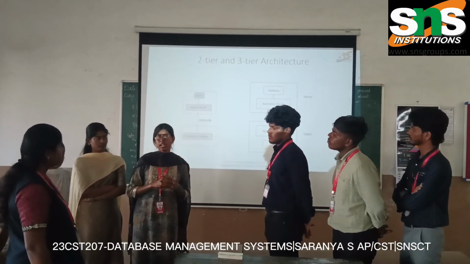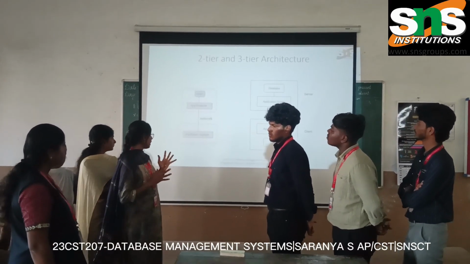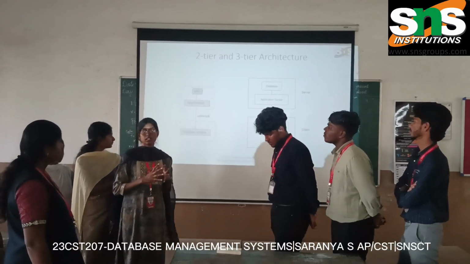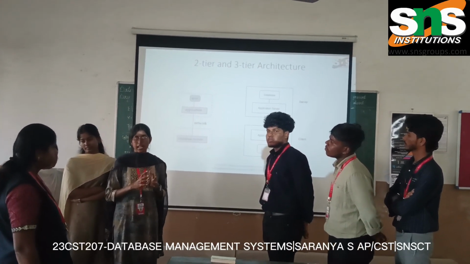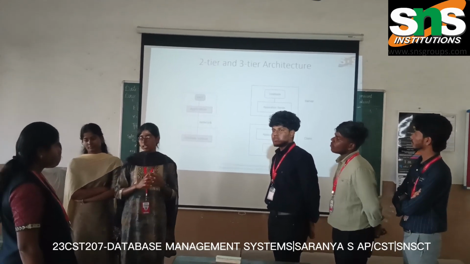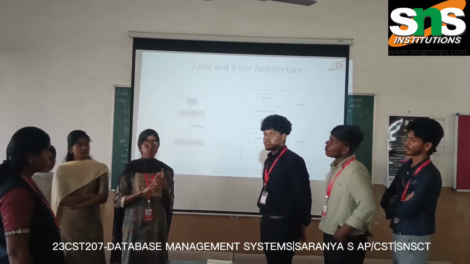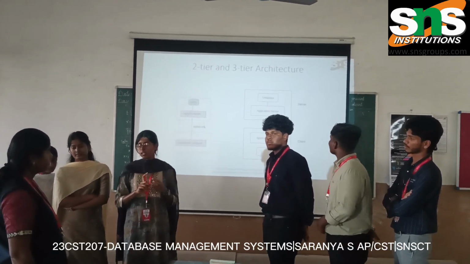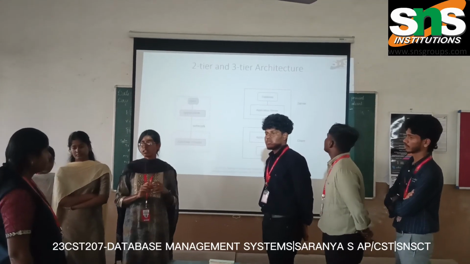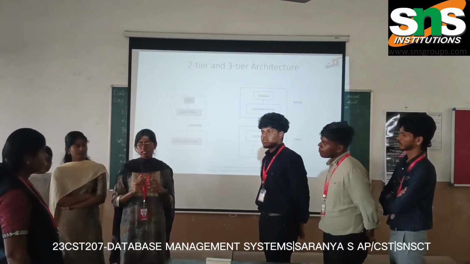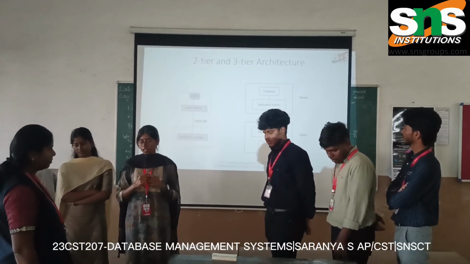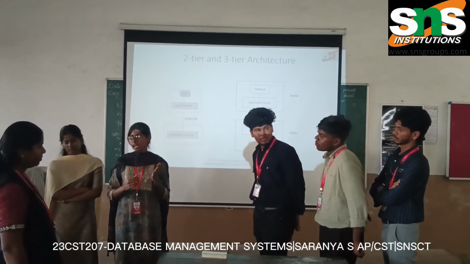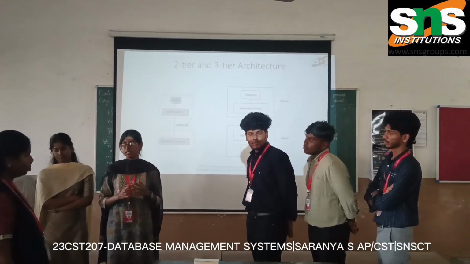Then tier 2 is user and server database. It is also known as client-server architecture. The client means the user interface and application logic, and the server means the database. The client sends the request, the server processes it, and the result is sent to the client.